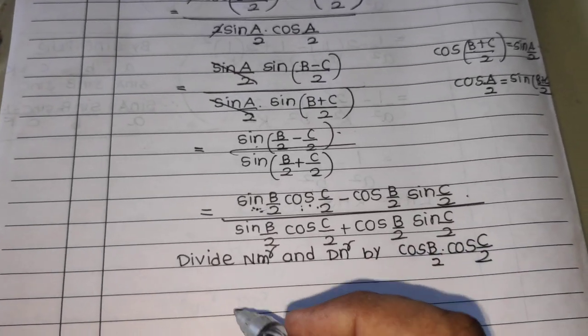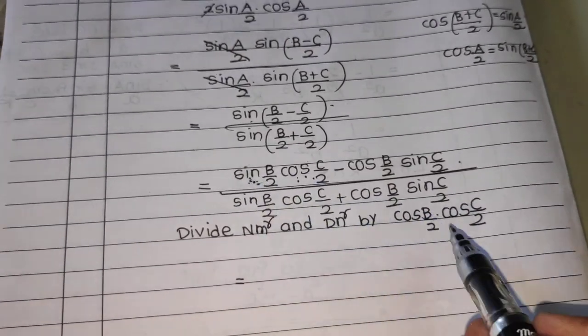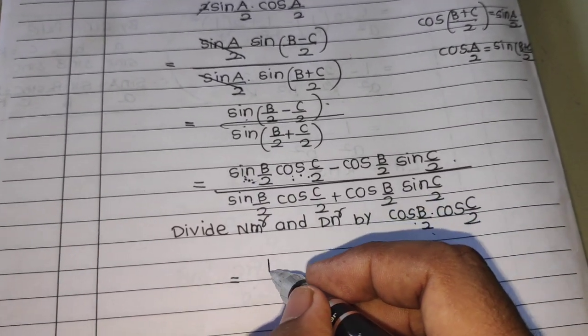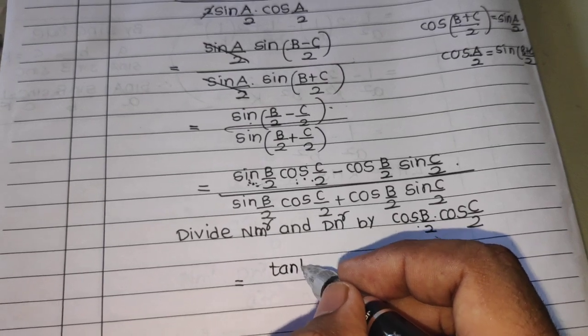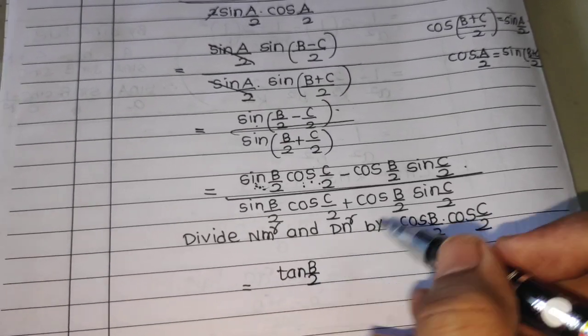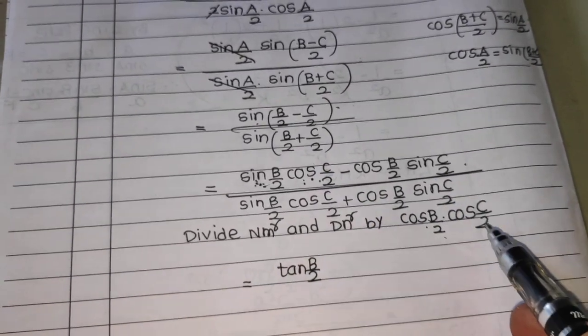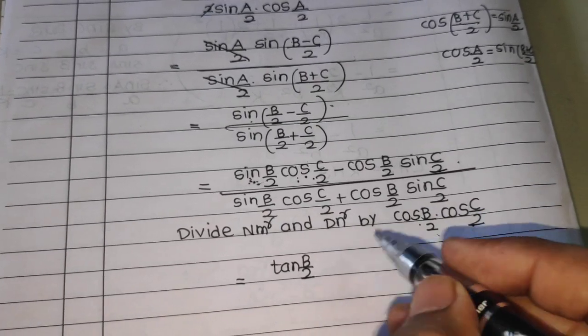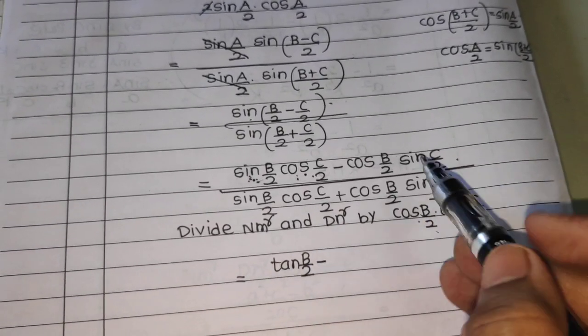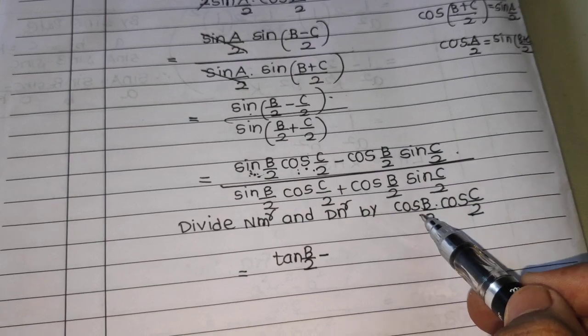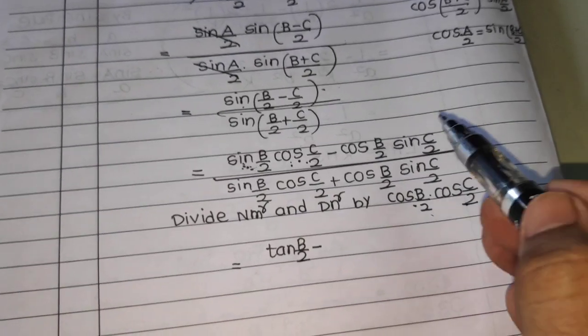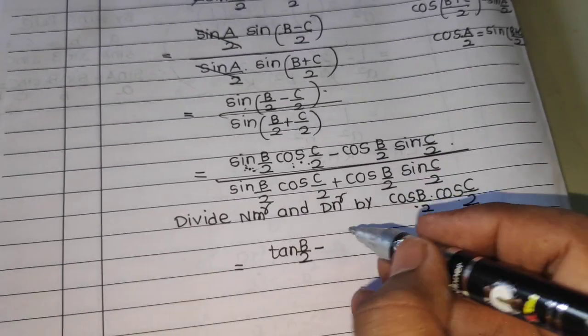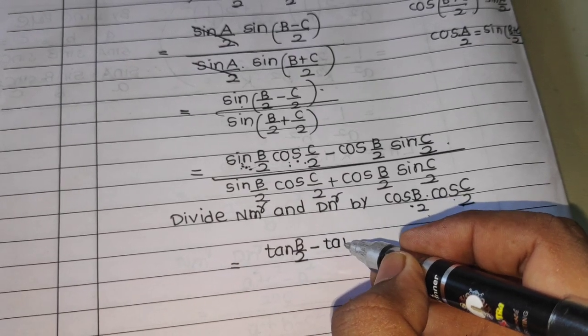So if I do this division, sin b by 2 divided by cos b by 2, I'll get tan b by 2. If I divide cos c by 2 by cos c by 2, it gets cancelled. Negative of cos b by 2 divided by cos b by 2, we get 1. Sin c by 2 upon cos c by 2, we get tan c by 2.